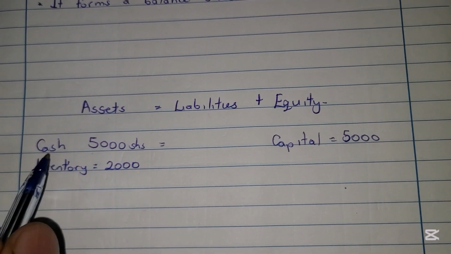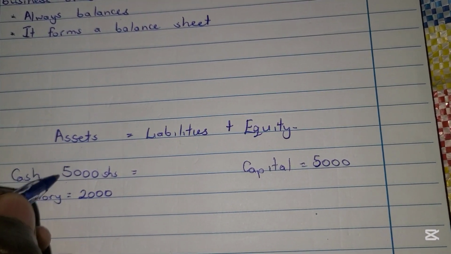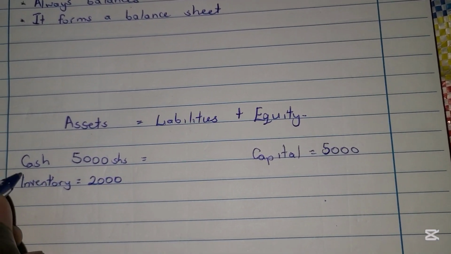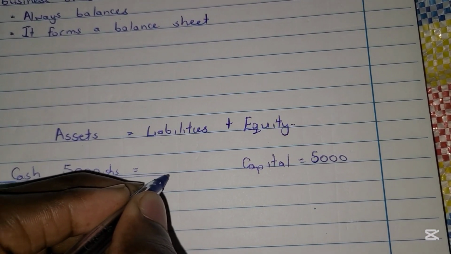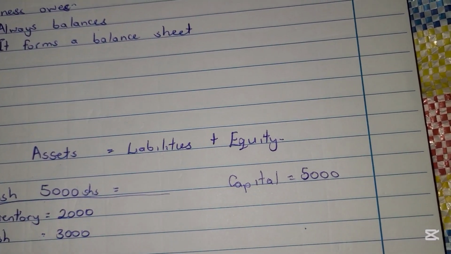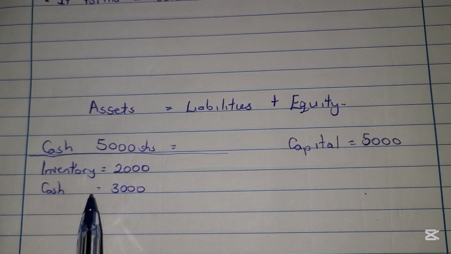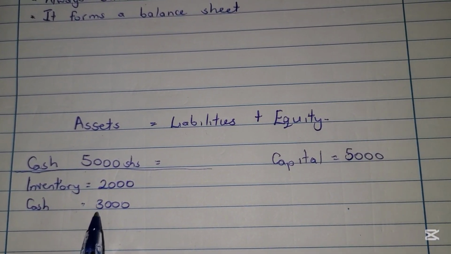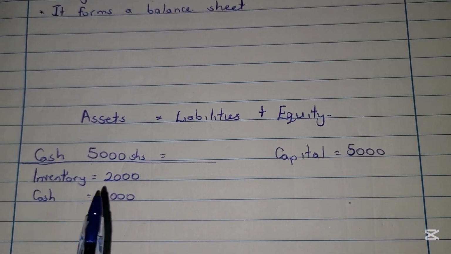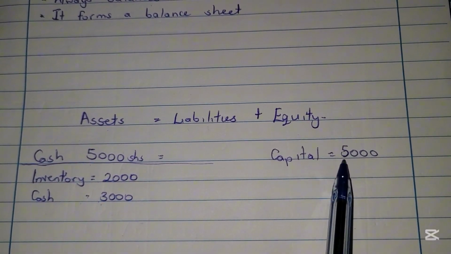However, when you use the 2,000 from the cash, it will reduce, and here we shall have 3,000 as the new cash at hand. So let's draw a line here, and we remain with cash of 3,000. This stock has reduced our cash. We have used the cash to buy stock. That's why we have reduced the cash amount from 5,000 to 3,000. However, when you add the total assets, you still see that they are equal to the capital of 5,000.